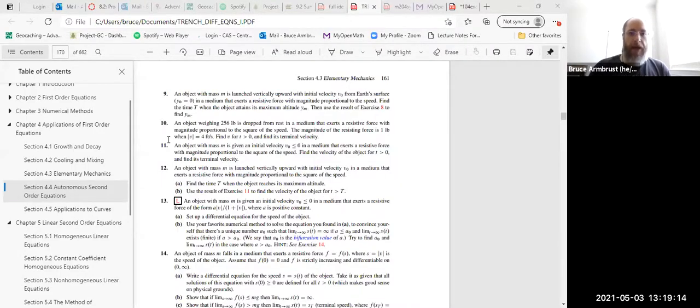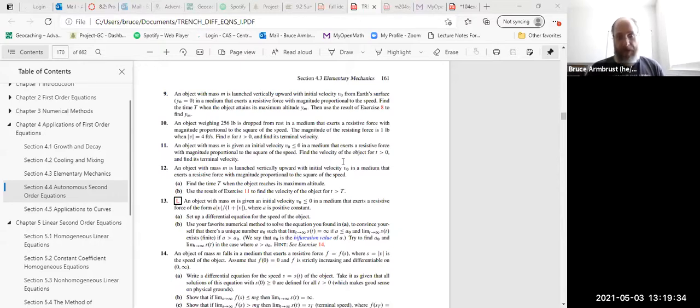All right, so an object weighing 256 pounds is dropped from rest in a medium that exerts a resistive force with magnitude proportional to the square of the speed. The magnitude of the resisting force is 1 pound when the speed is 4 feet per second.